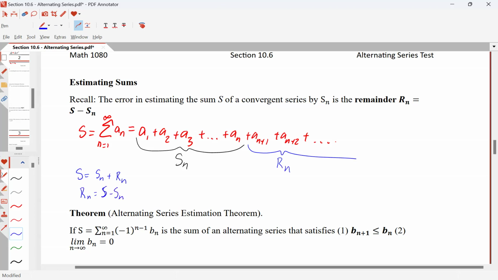And we had this remainder theorem introduced to us in section 10.4, which was the integral test. We got an estimation theorem before.